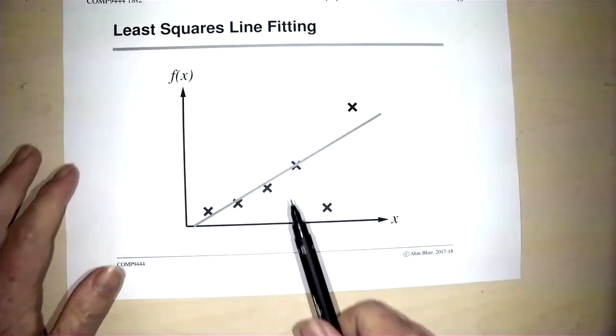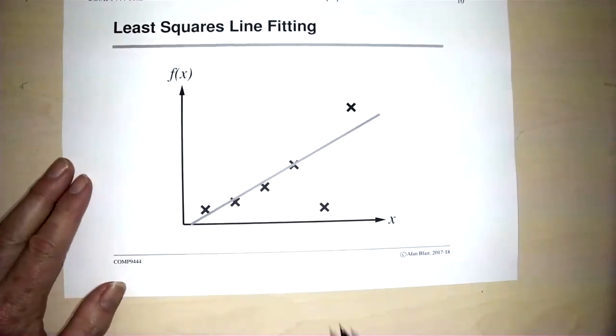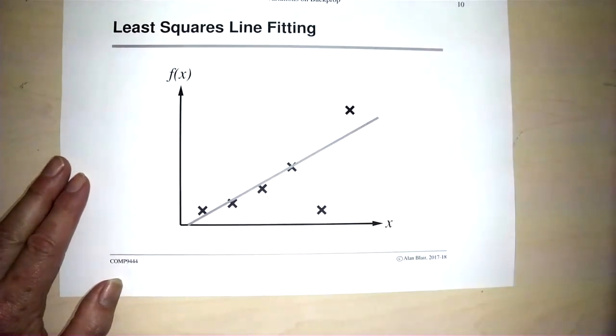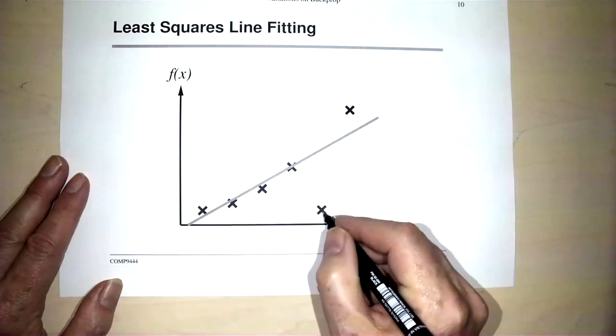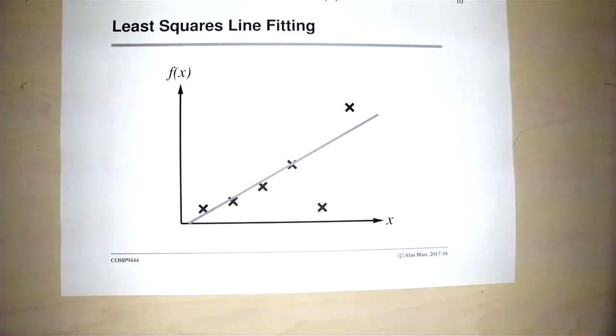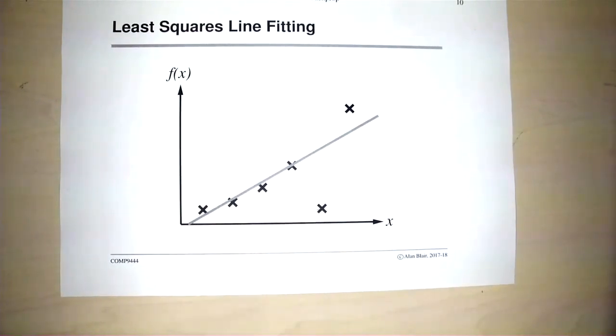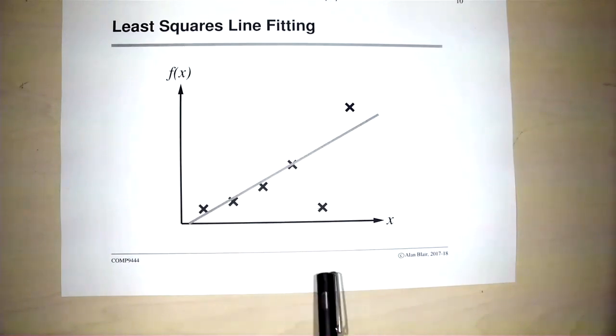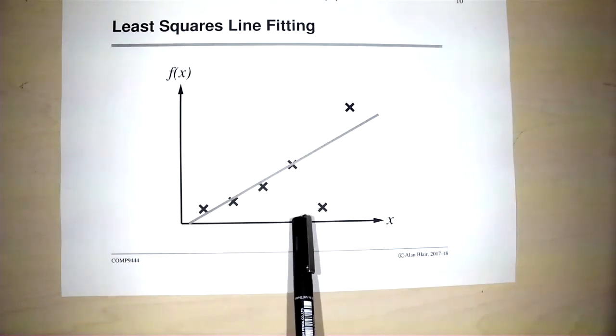So why is it that they're a little bit off the line? Well, there are two reasons for this. The first is what we discussed. There could be outliers, there could be mislabeled data. When you see something that's very far away like this, it's possible that someone made a mistake and typed in a number wrong, and maybe this should have been something else.